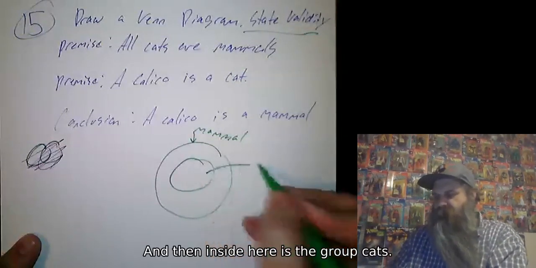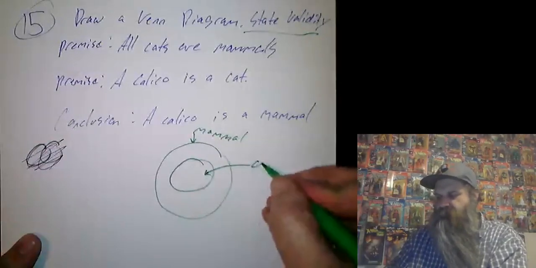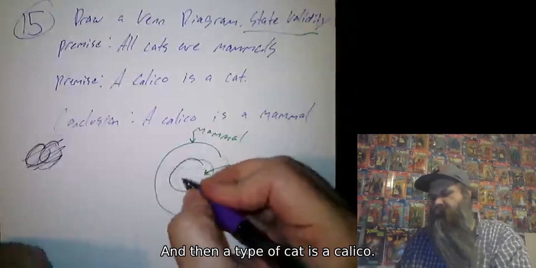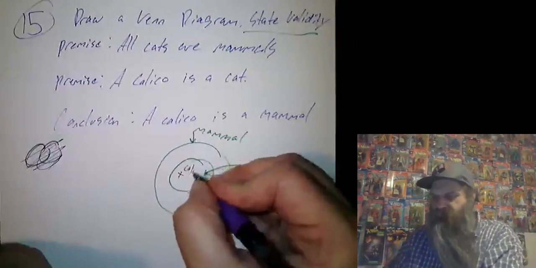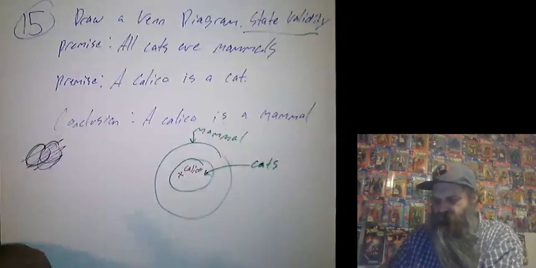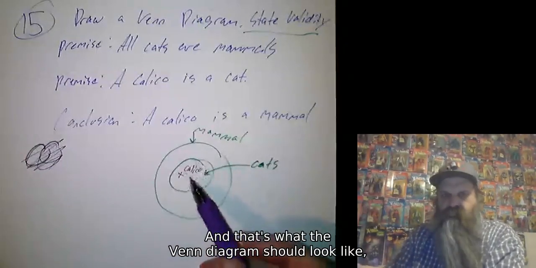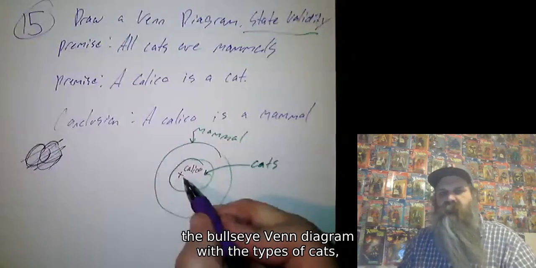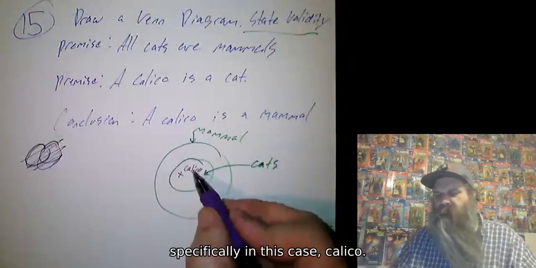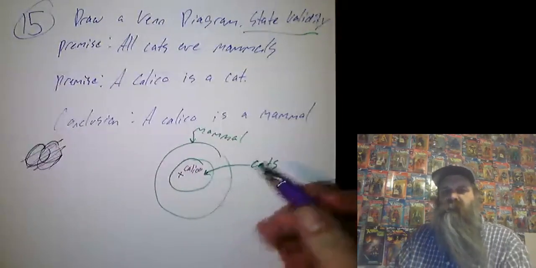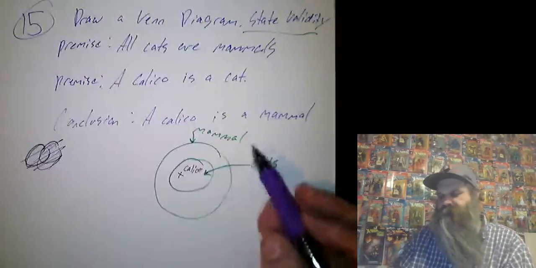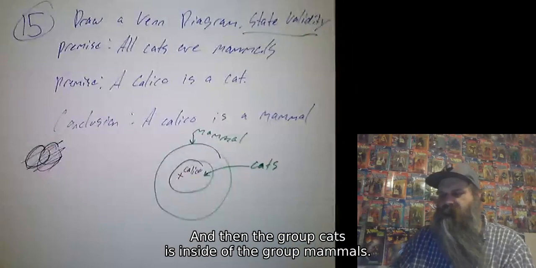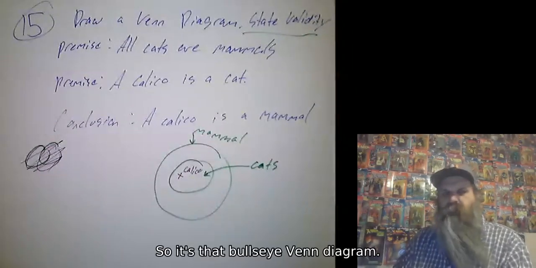And then inside here is the group cats. And then a type of cat is a calico. That's what the Venn diagram should look like. The bullseye Venn diagram with the types of cats, specifically in this case calico. And the group cats is inside of the group mammals. So it's that bullseye Venn diagram.